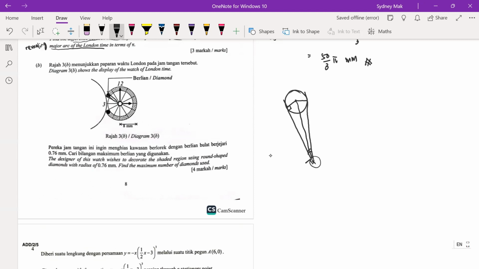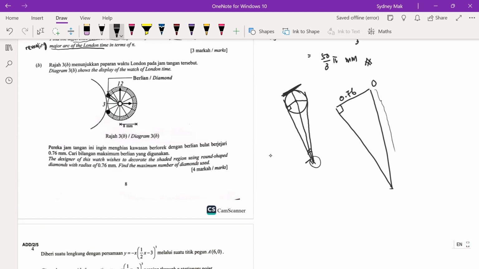Since it fits nicely in the shaded region, let's use the right angle triangle to help us. Let me blow up this right angle triangle. It should be like this. This is 90 degrees. This is the center of the London circle, whereby the radius here is 0.76, and if we reach up to the end here, it should be 8 mm.